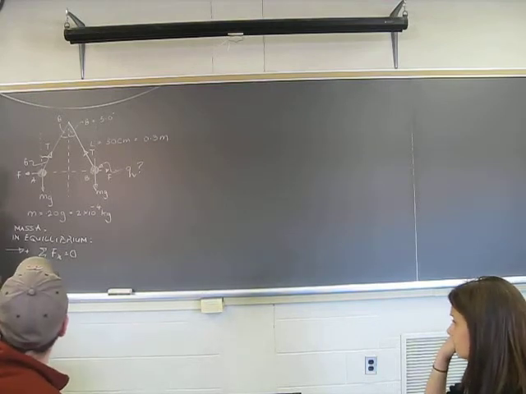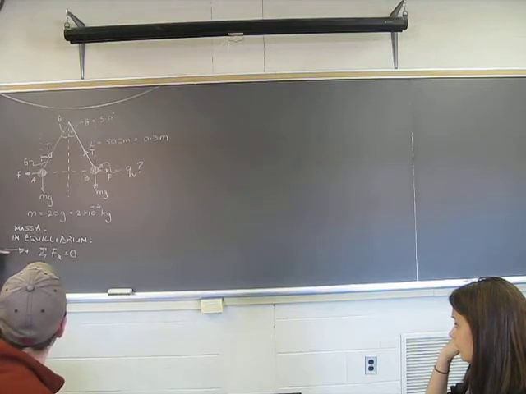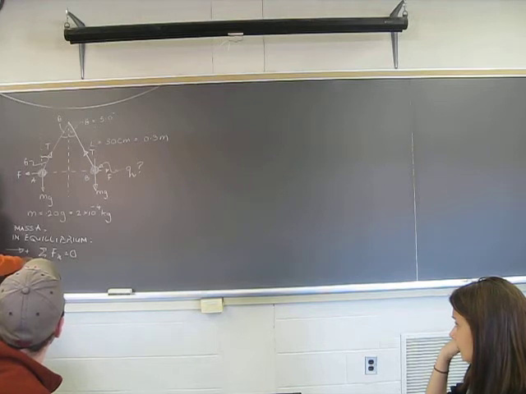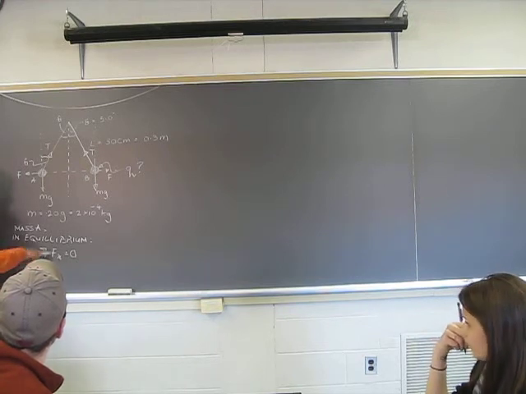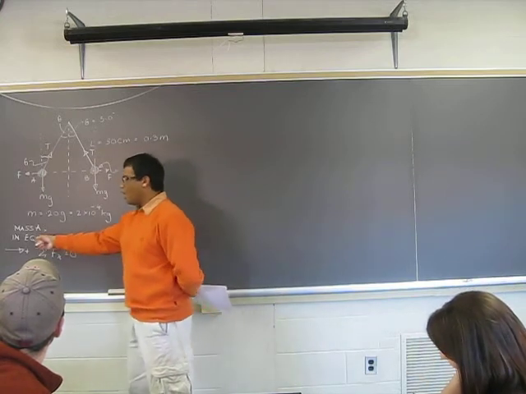This is my convention. Dr. G may have a slightly different variation of it. So what I'm saying right here is this is my positive direction in the x-axis. And this says all of the forces, the sum in the x direction, is going to be 0 because of the equilibrium.